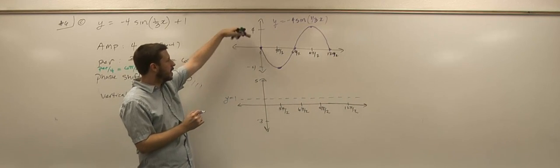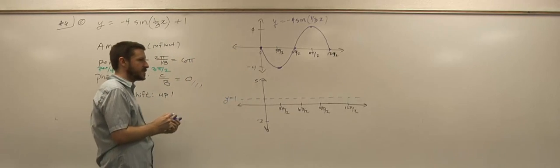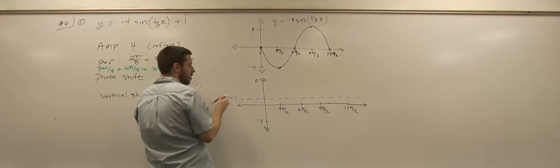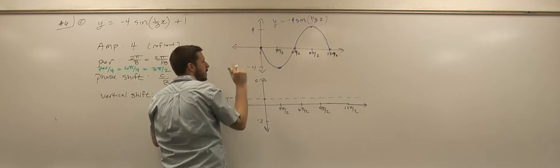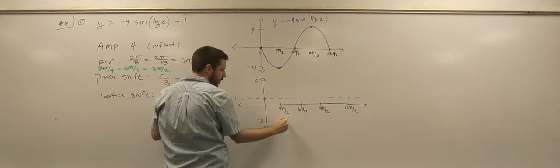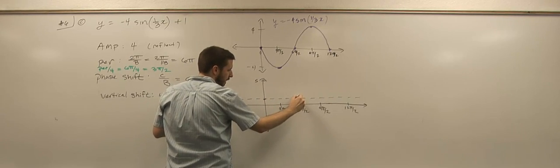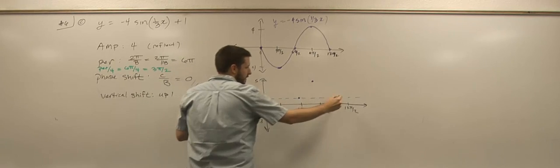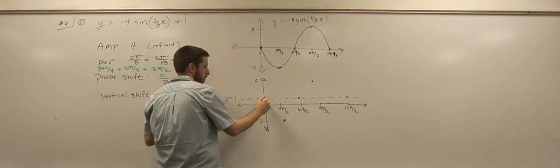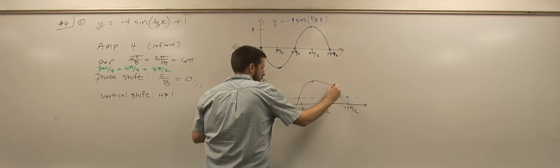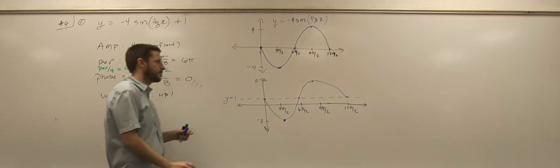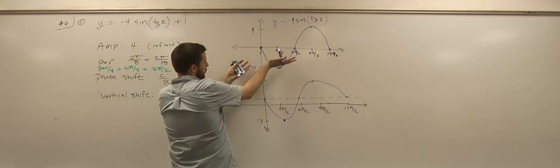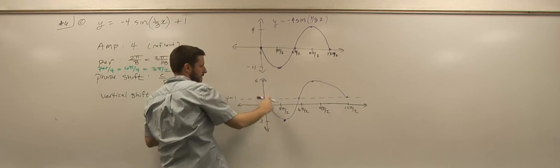Because I'm shifting up 1, this is the line that everything's going to oscillate around. So instead of starting on the x-axis, I start up here on y equals 1, then go down to a min of -3, back up to y equals 1, up to a max of 5, back down to y equals 1. So this is this entire graph shifted up 1. See, it's now oscillating around y equals 1.